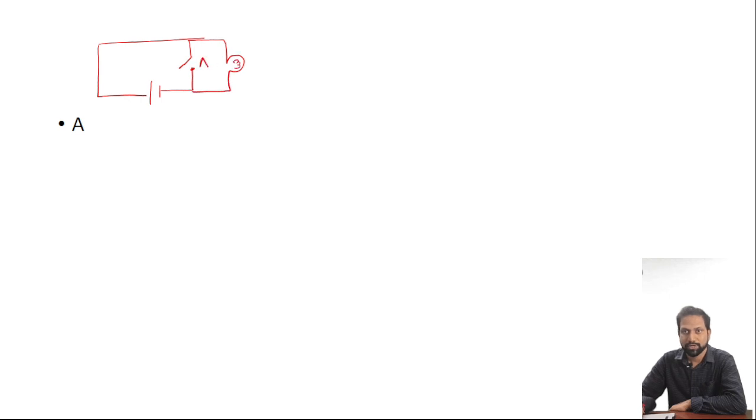This is input A. Now it's very clear, if A is open, that is A is 0, the output will be high. If A is closed, A is 1, the output will be low. So it is a NOT operation. Like this, you can get many questions.